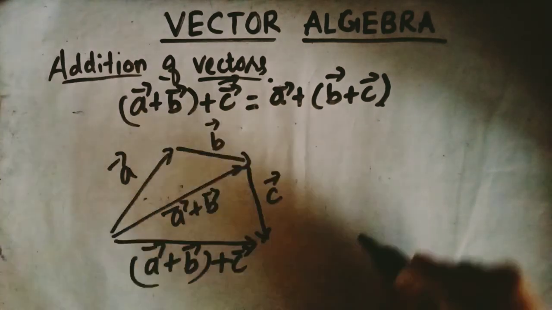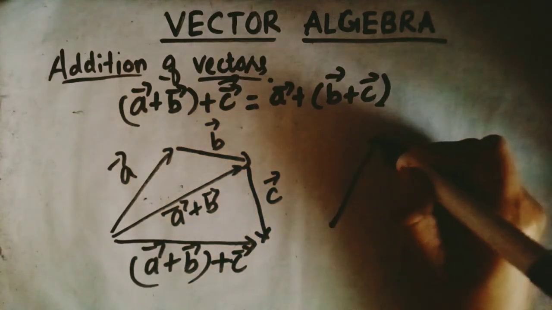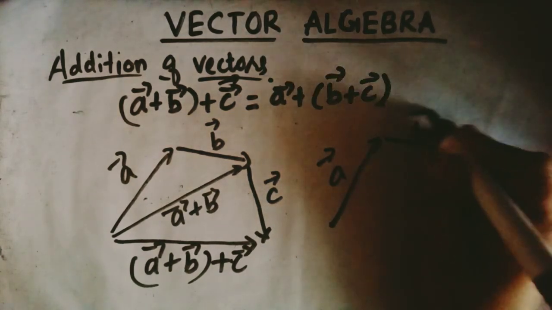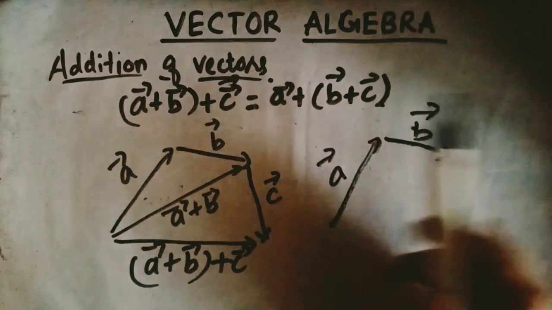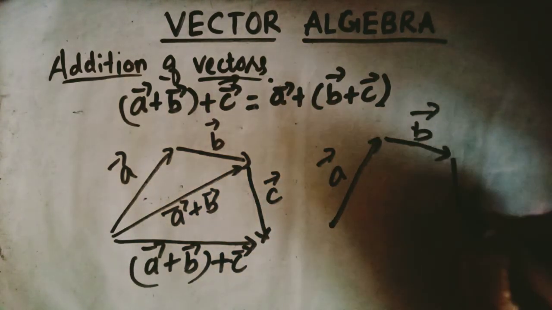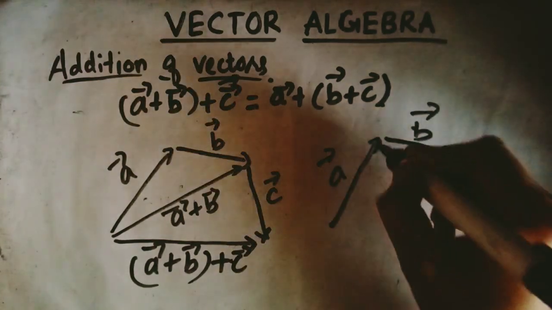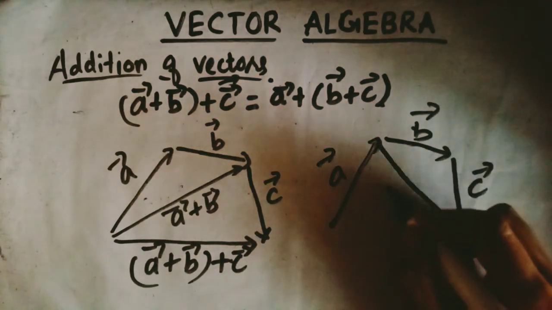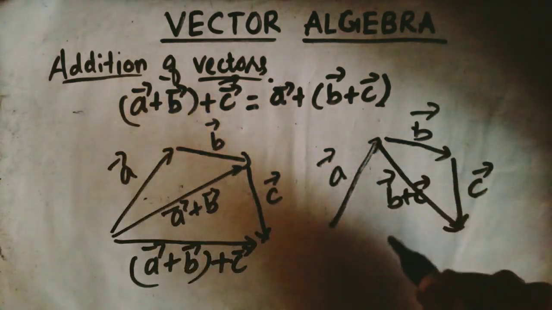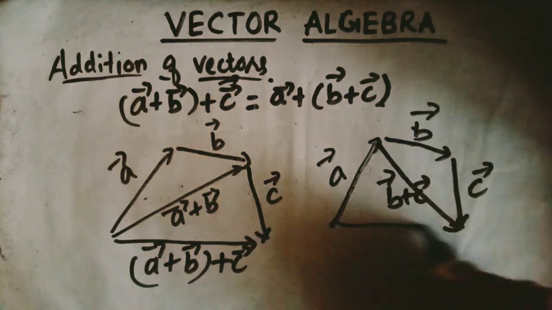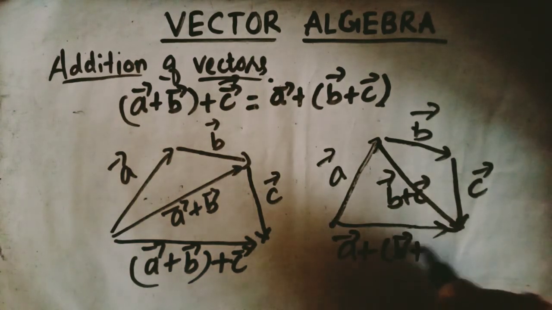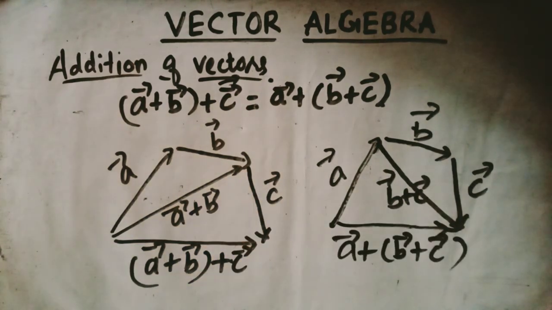Now if you have this a, then b, now we have to prove b plus c, right? So here there is one more vector, say c, and this is your b plus c. So addition of these two will give you a plus b plus c.